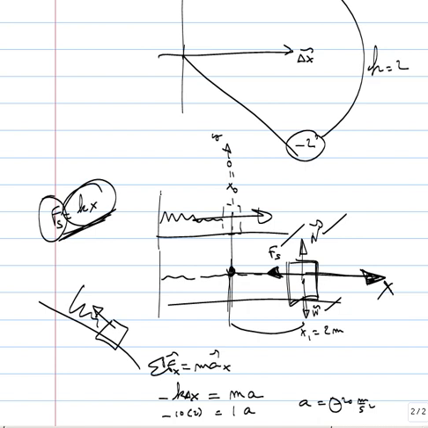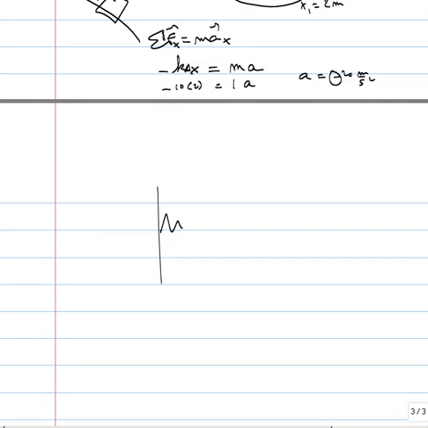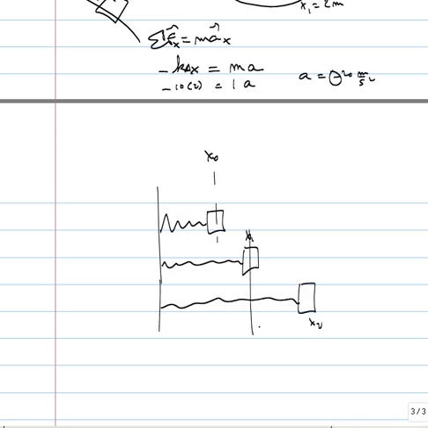Now watch out, when we write kx, we always imply that we start from the origin. If you start from an already compressed position, such that this is your equilibrium position x0, and your system starts already at x1, and then is moved to x2, then obviously the force needed to go from here to here is going to be k delta x, which is k times x2 minus x1.